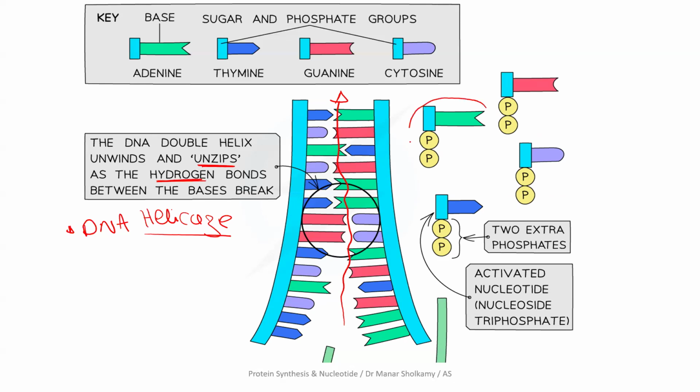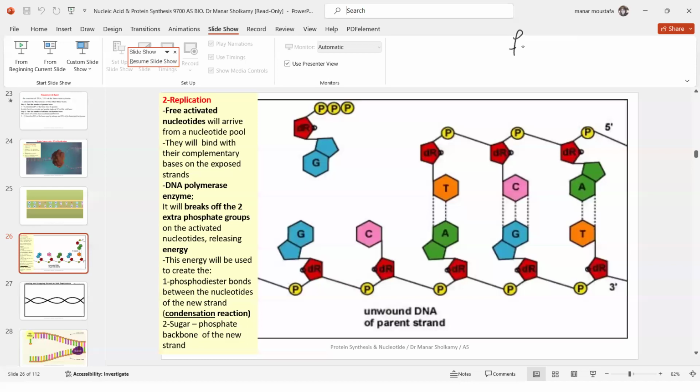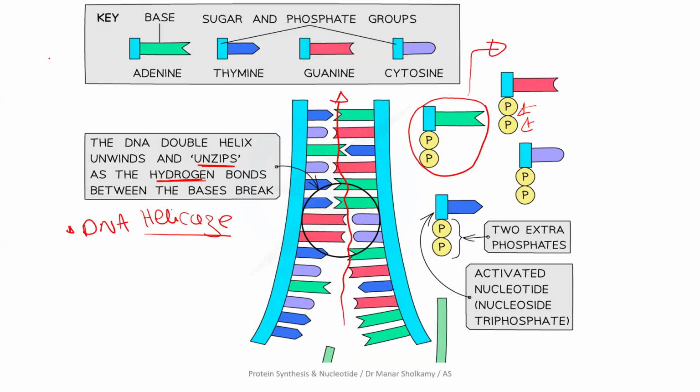Now, what will arrive from a free nucleotide pool to bind with the exposed bases, Maryam? What are these, my dear? Free activated nucleotides. Good girl. They're very obvious. I can see two extra phosphates. So these are the free activated nucleotides.